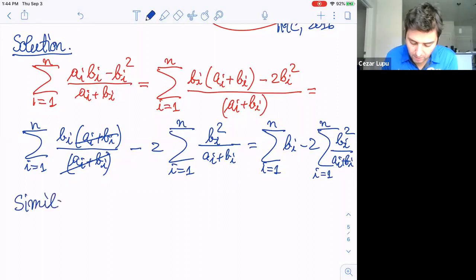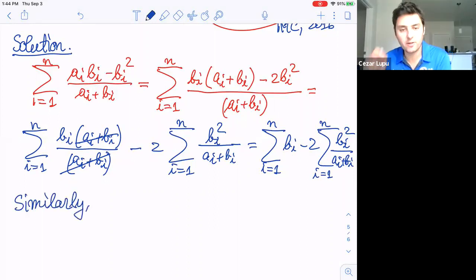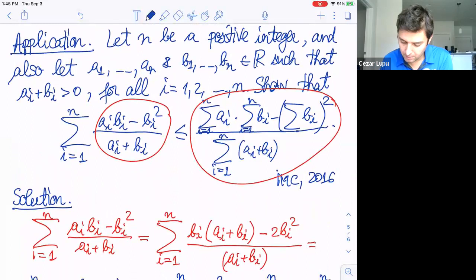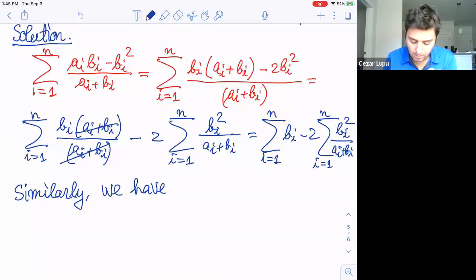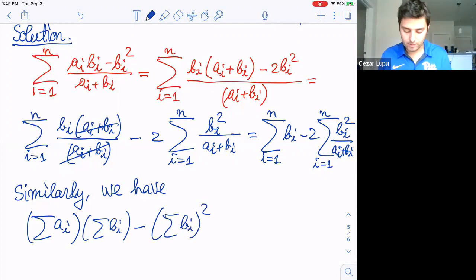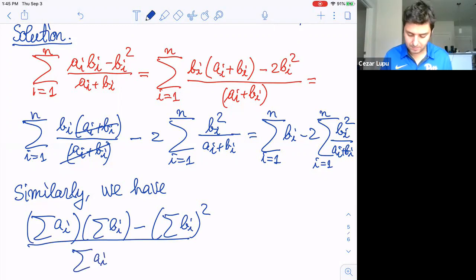Similarly, the only difference is that I'm going to force a factor of the sum of b_i. So similarly, what do we have? Let's write it. The sum of a_i times the sum of b_i minus the sum of b_i squared, over the sum of a_i plus the sum of b_i, let's say.